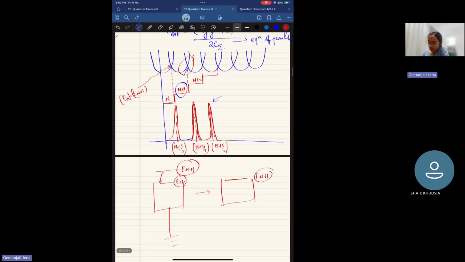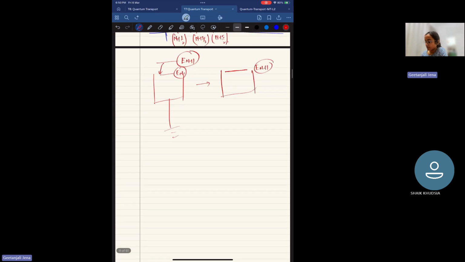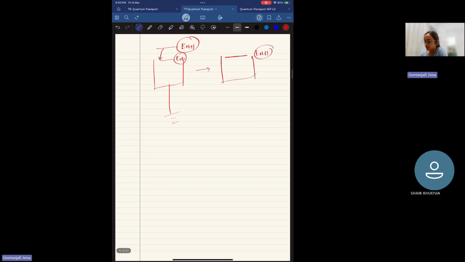So this is what we have seen in the single electron transistor. Now let us see what is the effect of the gate, and of the source and drain voltage, on the IV characteristics.